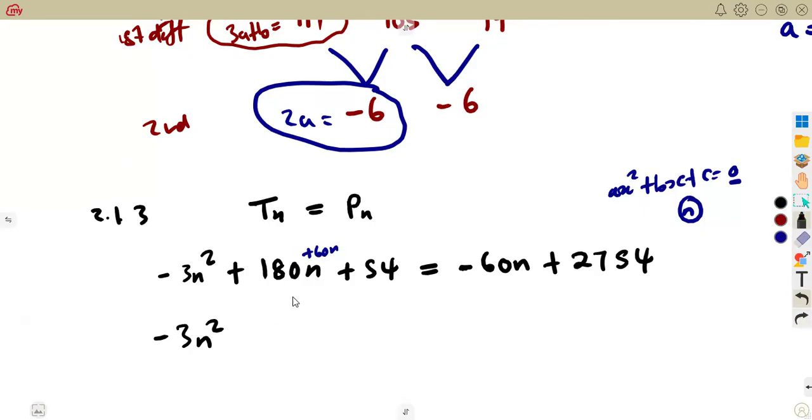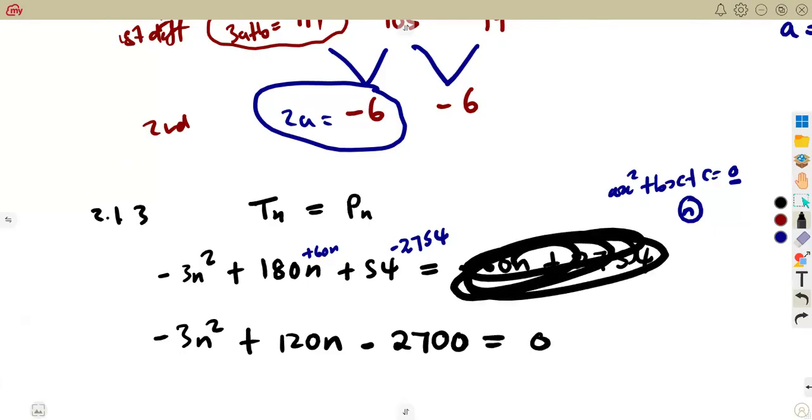That is, we are adding 180 plus 60, which is going to give us 120n. We take this to the other side, it is going to be negative 2754. Once you subtract, it was going to give you negative 2,700.